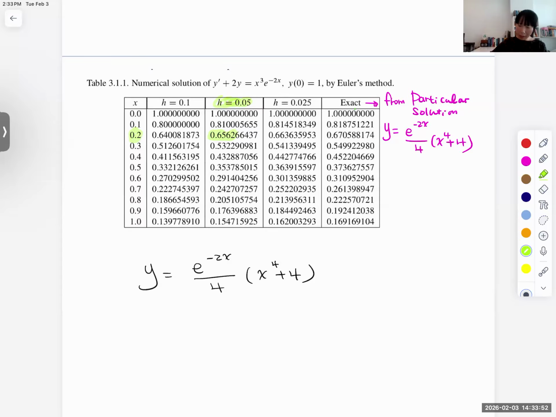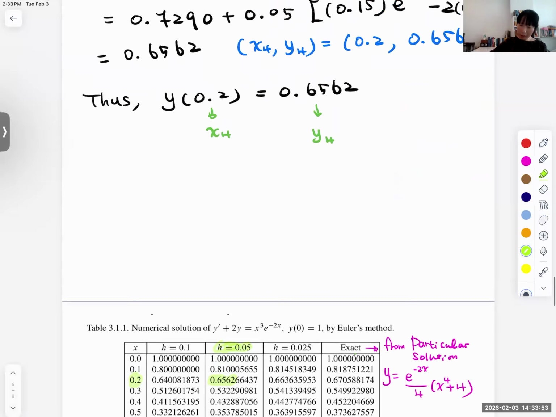Okay, so we had x naught equal to 0, x sub 1 equal to 0.05.